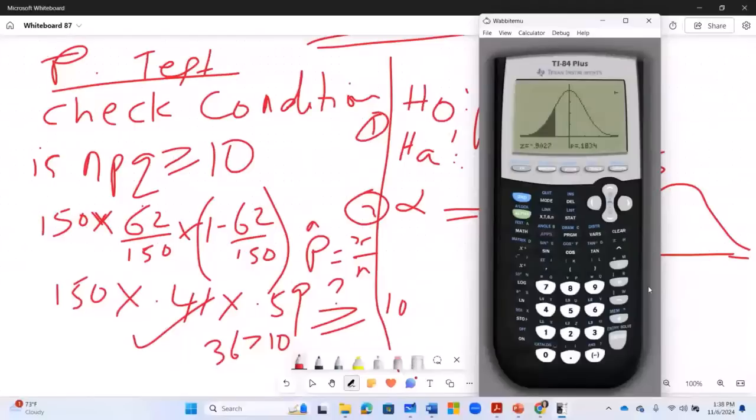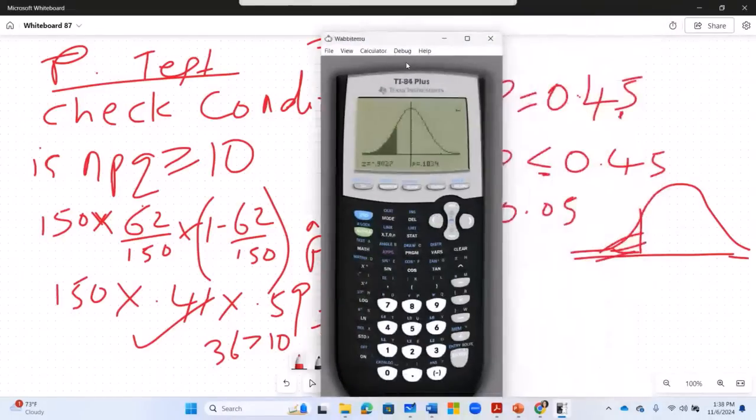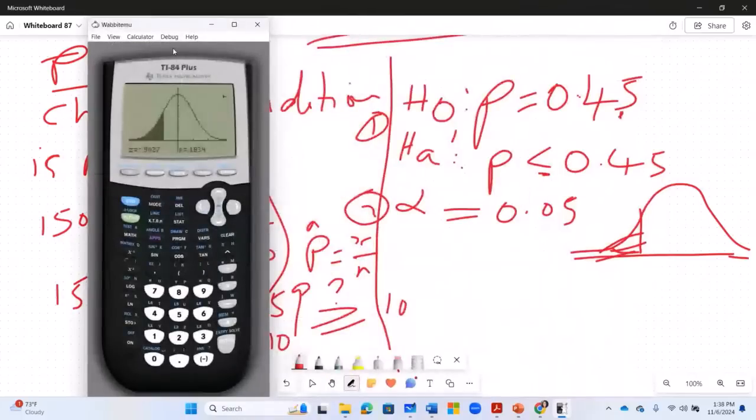Well, let's see. But in other words, the p-value. See, the p-value is 18.34%.